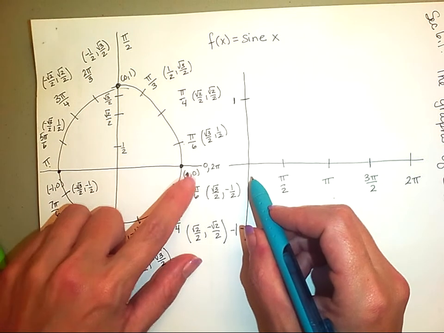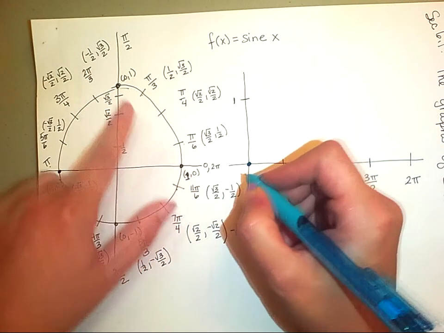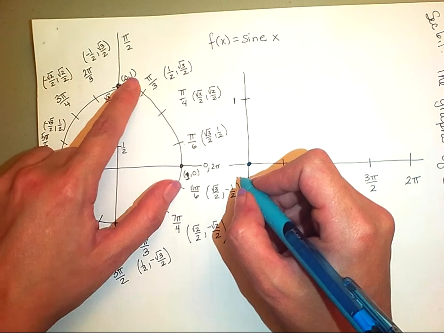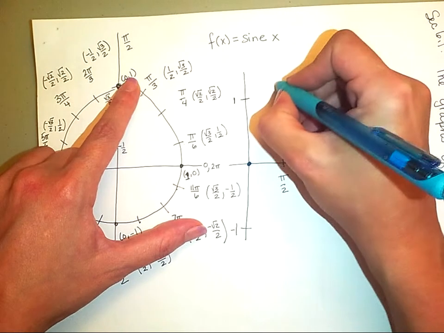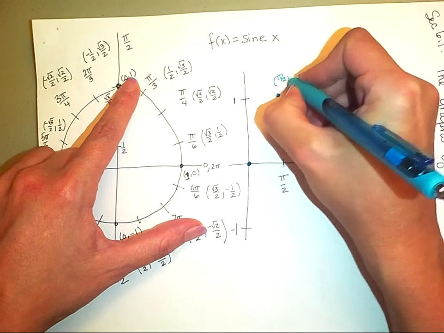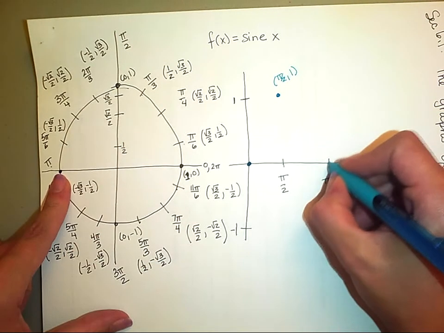Okay, so now let's take the easy points for us to look at and graph. So at 0, the sine is 0. At pi over 2, the sine is 1. So this is the point pi over 2, comma 1. Okay. At pi, we're back to 0.